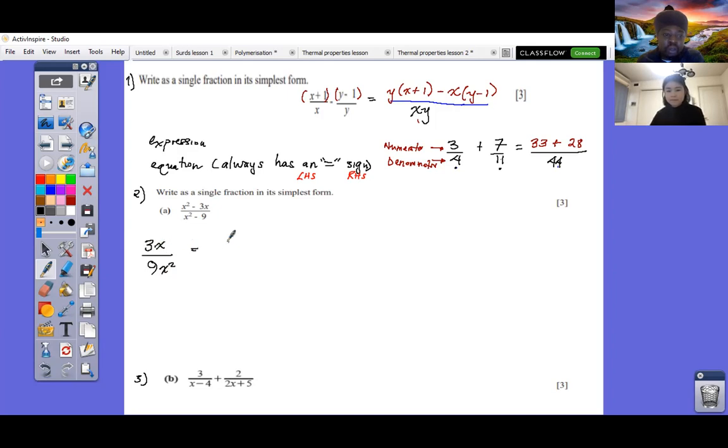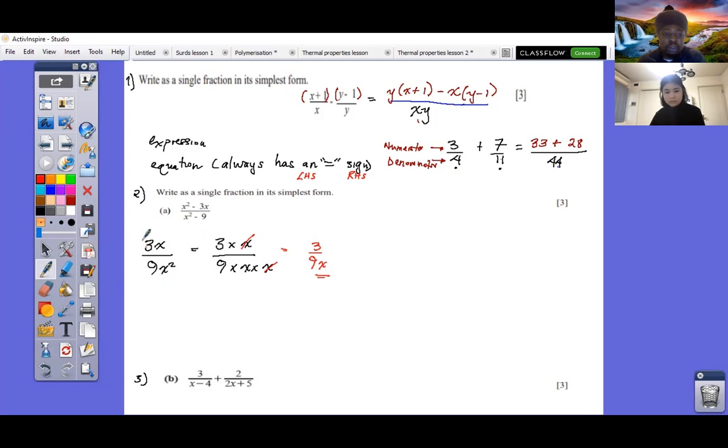One of the x's can cancel, because this is the same as 3 times x over 9 times x times x. The two x's are the same common term; x into x goes once. So your final answer would be 3 over 9x.